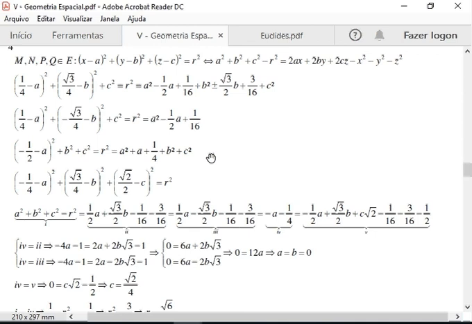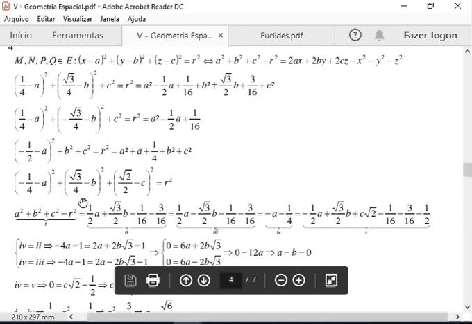Do the calculus. And the fourth point, or 4 points, minus 1/4, √3/4, √2/2. Who is a² + b² + c² - 2R²? It's 1/2, √3/2.